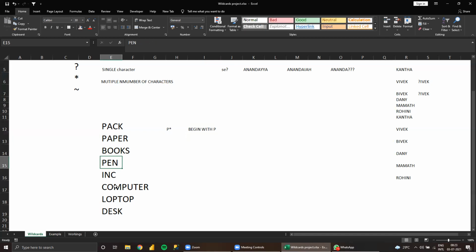So here P means the word should start with that specific character, and the remaining places, in place of star, can have any number of characters.